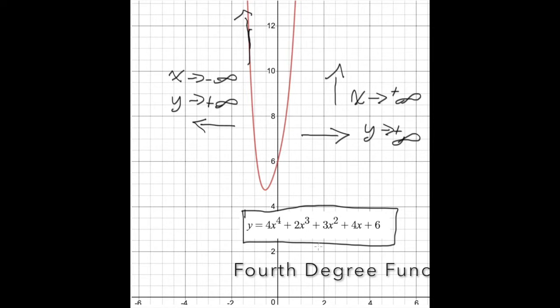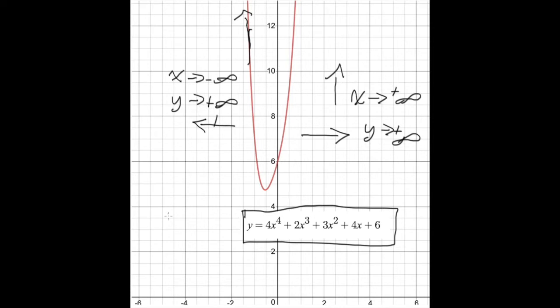An interesting thing you start to notice is that the end behavior for this is the same as for our second order equation. For that one also, as x got increasingly large, y got increasingly large, and as x got increasingly negative, y got increasingly positive.